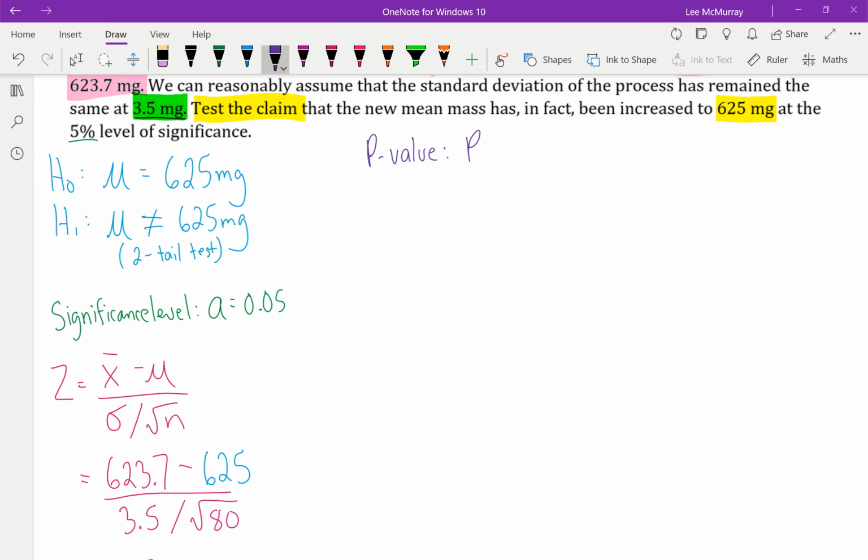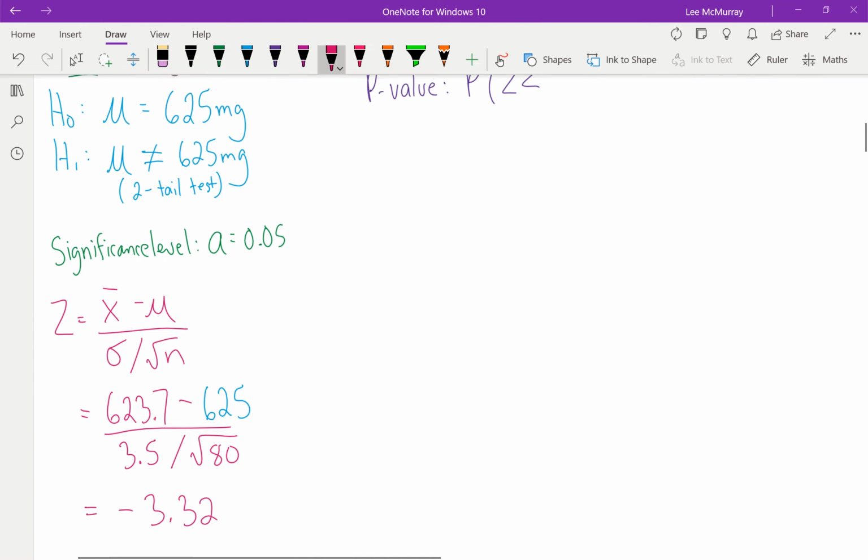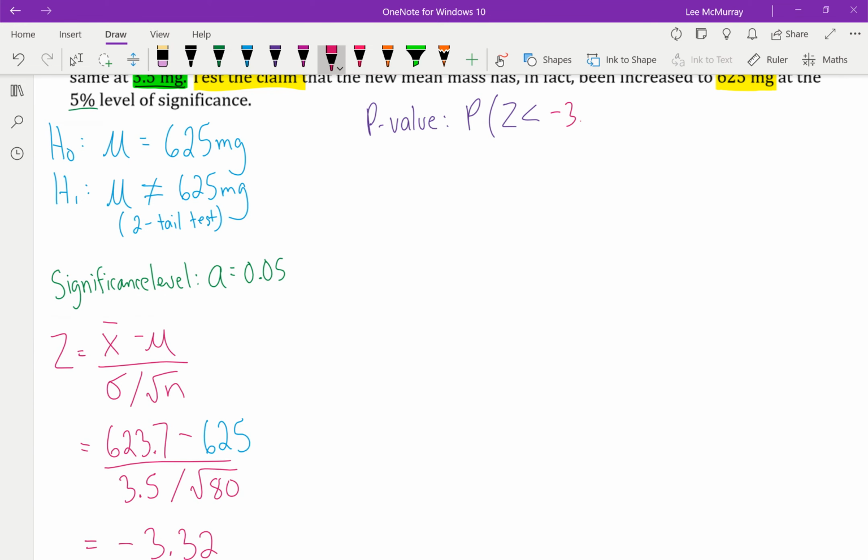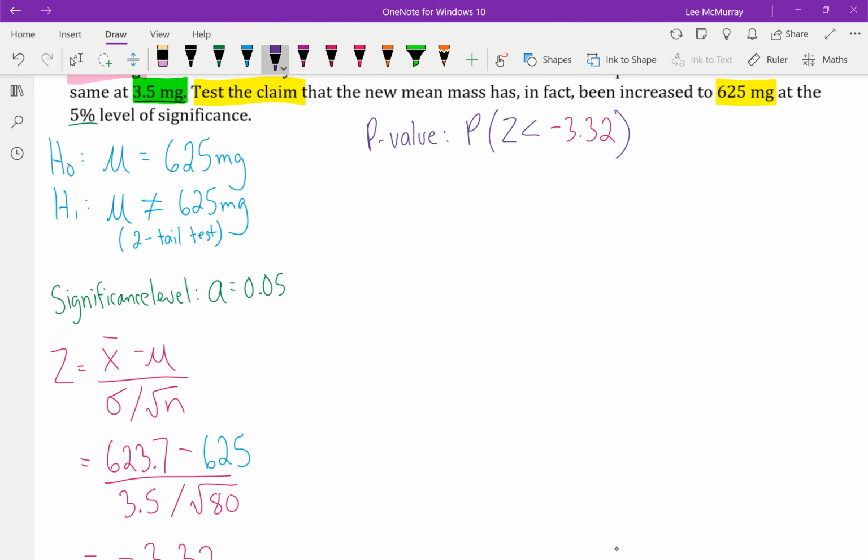What we're going to look up is the fact that z is less than minus 3.32. So on our z-score table, we look down the left side and the top side and figure out what probability is associated with that, and we're going to find that is 0.0005.